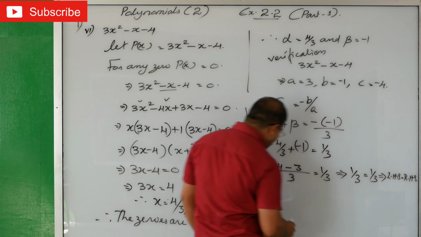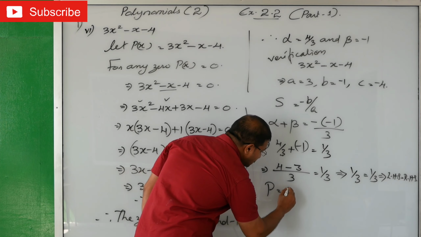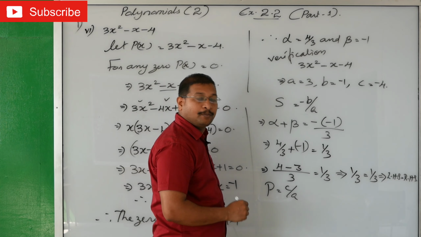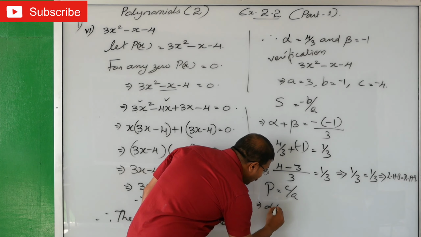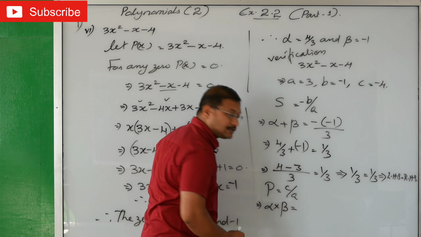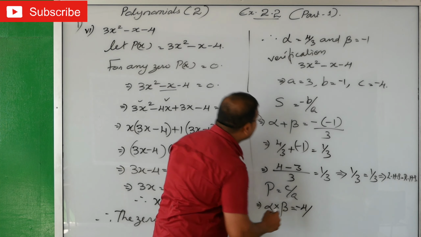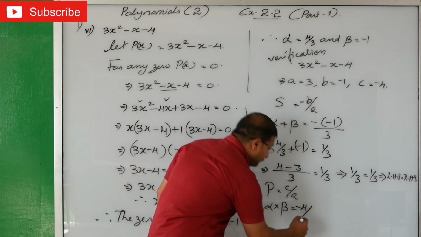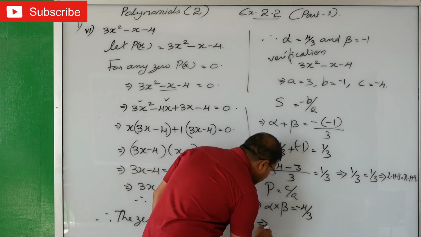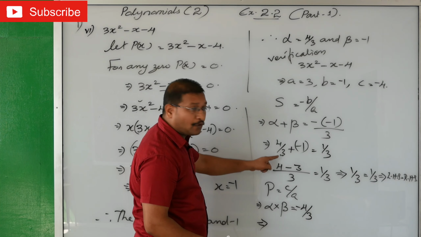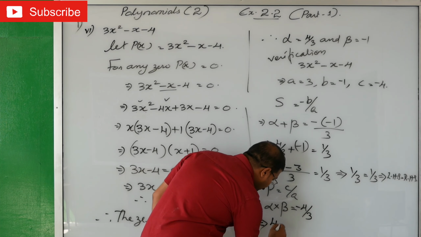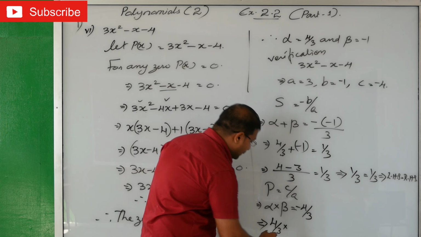Now we'll go for the product. Product equals C by A. Product means what we will do? Alpha into beta equals C, we'll write minus 4 by A, what is the value of A? A is 3. This implies, what is the value of alpha? Alpha is 4 by 3. 4 by 3 into, what is the value of beta?